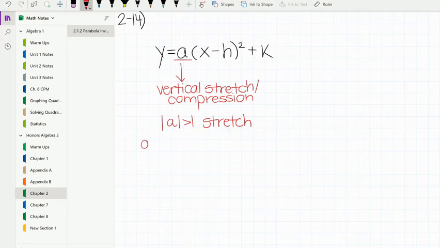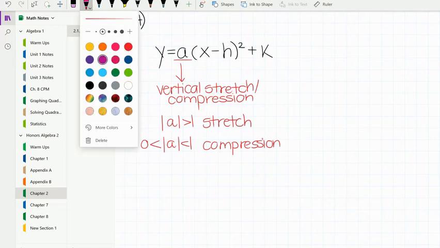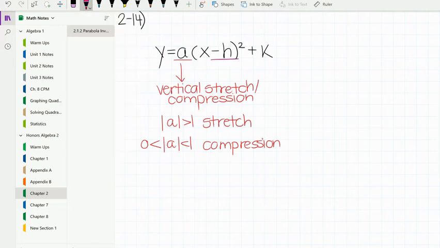Then we have A values that are between 0 and 1. This would be considered a compression. So think about if you have 1/2, that parabola is going to be wider. So if you were to take your hands and vertically compress it from top to bottom, it's going to squish outwards.